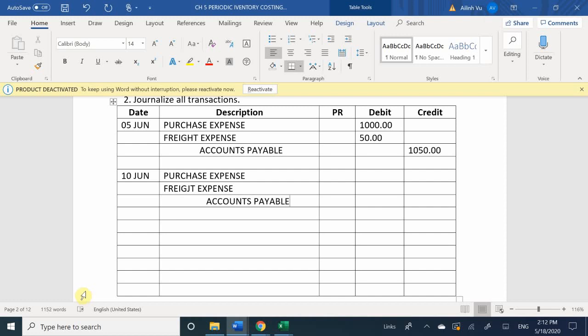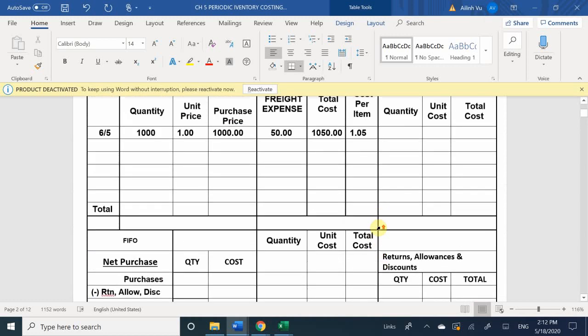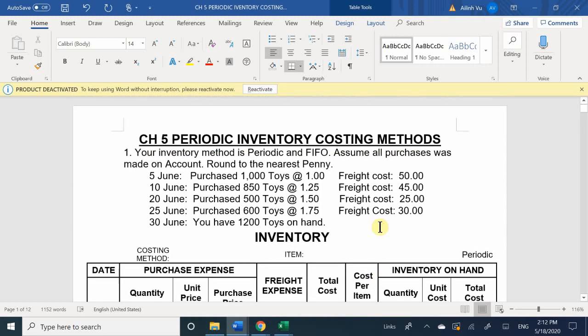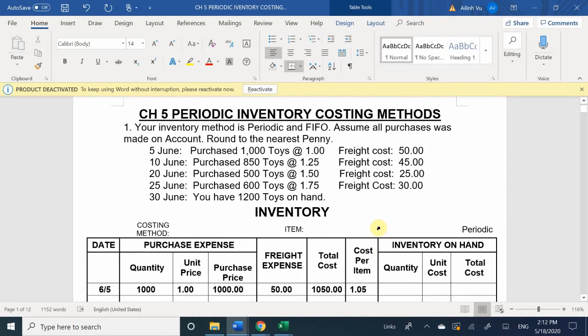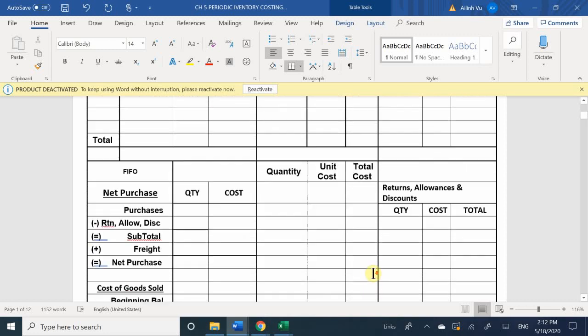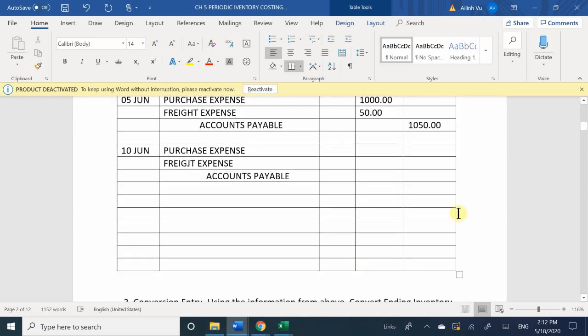All right. So what are the numbers? So 850 units times $1.25, and what do you get? $1,062.50. Good. Let's go back down here.